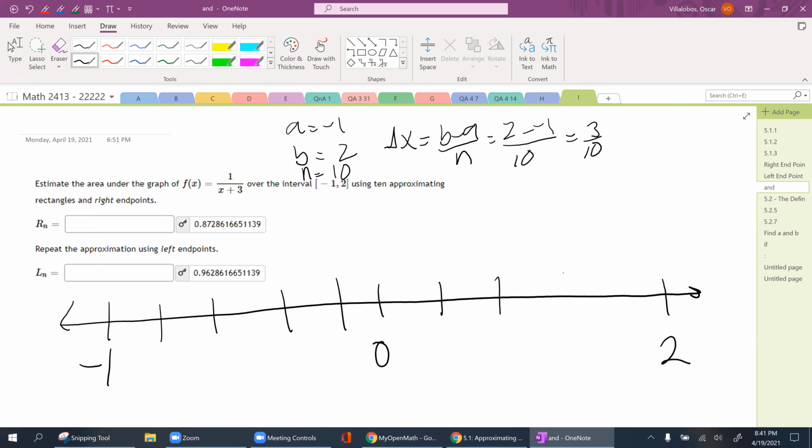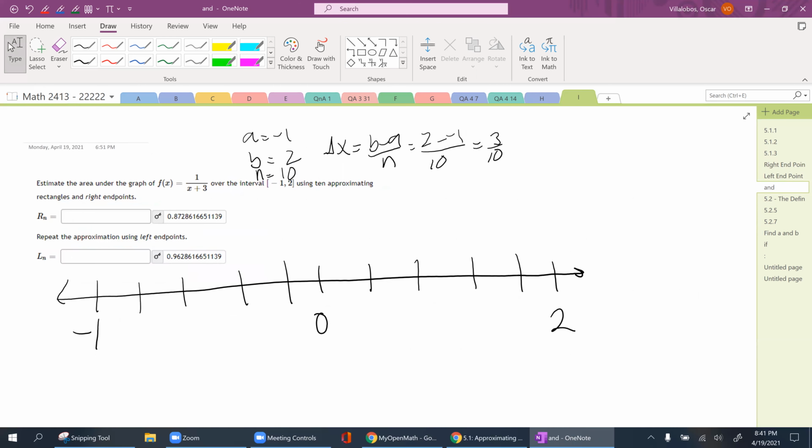If you notice, I should have 10 rectangles: 1, 2, 3, 4, 5, 6, 7, 8, 9, 10. Ten spaces, where this is x0, x1, x2, x3, x4, x5, x6, x7, x8, x9, and x10. Very nice.